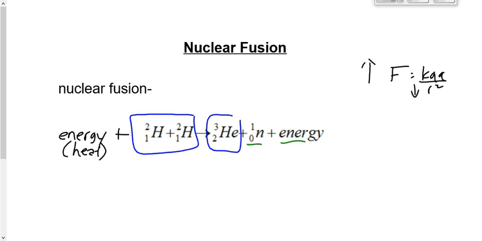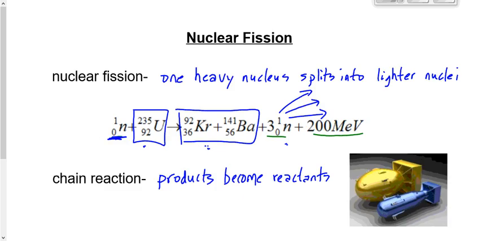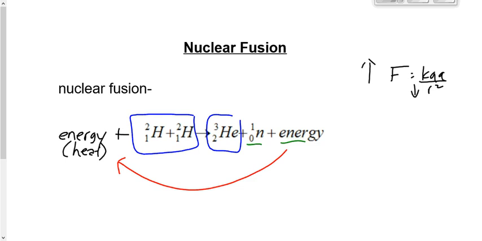Now we take some of that energy and we cause more hydrogen to fuse together. So it becomes self-sustaining as well. The sun is hot, really hot. Some of the heat generated by the sun causes more hydrogen to fuse together to generate even more heat. And then some of that causes more hydrogen to fuse together to generate even more heat. So we end up having a chain reaction of sorts, not because the neutrons are causing more reactions, but rather the energy that's generated itself causes more reactions.